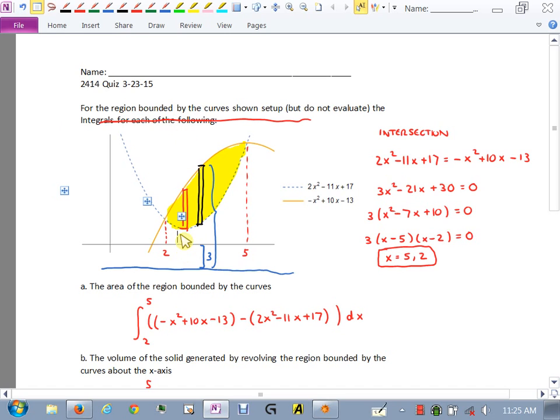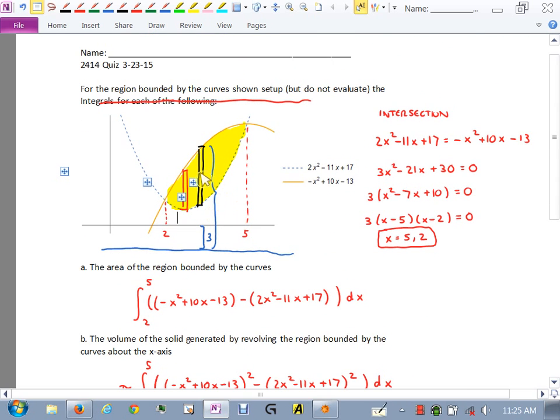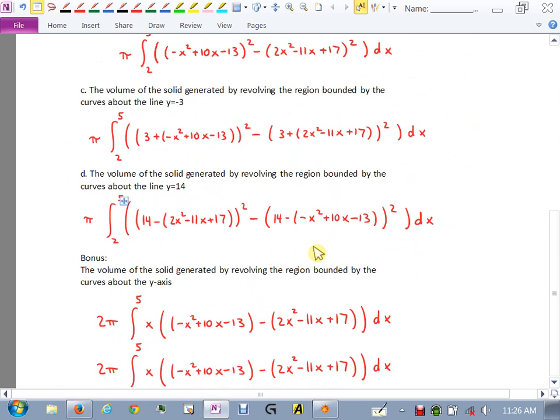You subtract from that this amount right here, which is the dotted function. 14, take away the dotted function, all of that quantity squared. Then the inner radius, or the inner distance, which would be the axis of rotation to this edge, which again would be the 14, take away that negative x squared plus 10x minus 13.